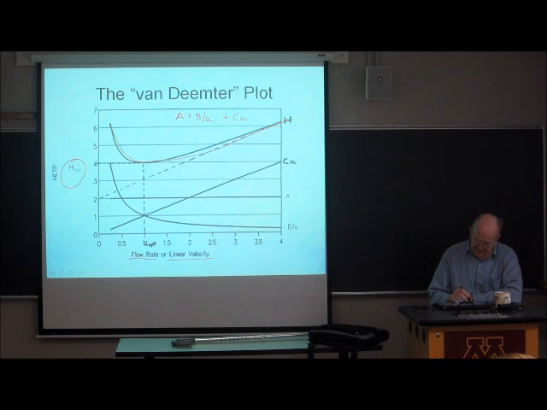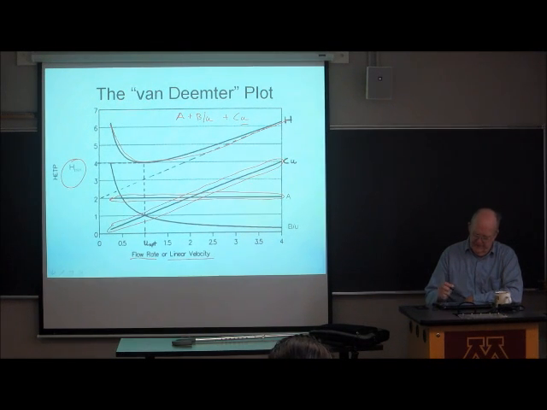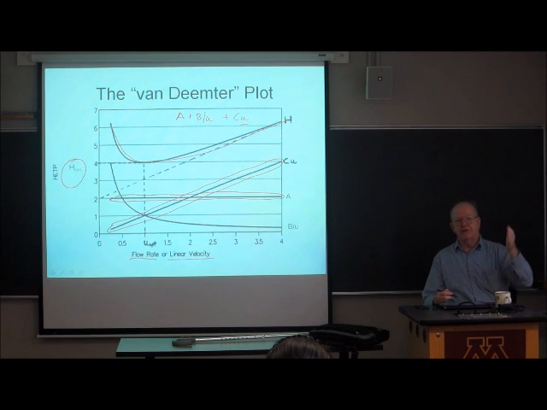Here's the A term. Here's the C term, linear in the velocity. And the B term has an inverse dependence on velocity. So here's the B term.